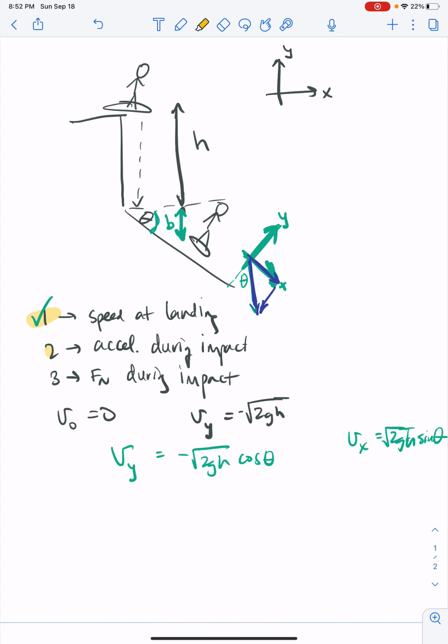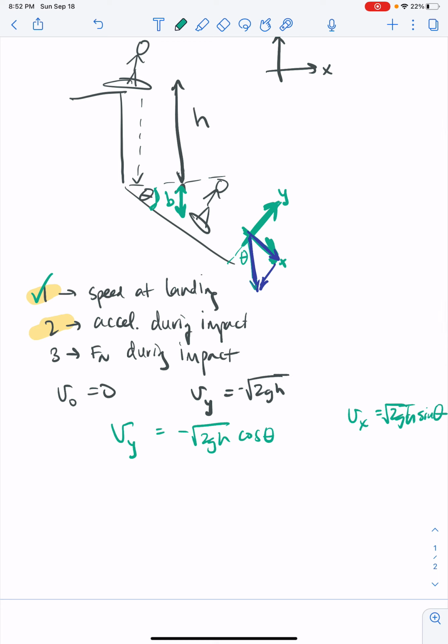Second thing we want to find is the acceleration during impact. We're going to think about this as another kinematics problem where we want to know what's the acceleration along the y-axis. We're going to assume it's constant, so really we're finding the average acceleration. We know that the vertical distance covered during that acceleration is b.